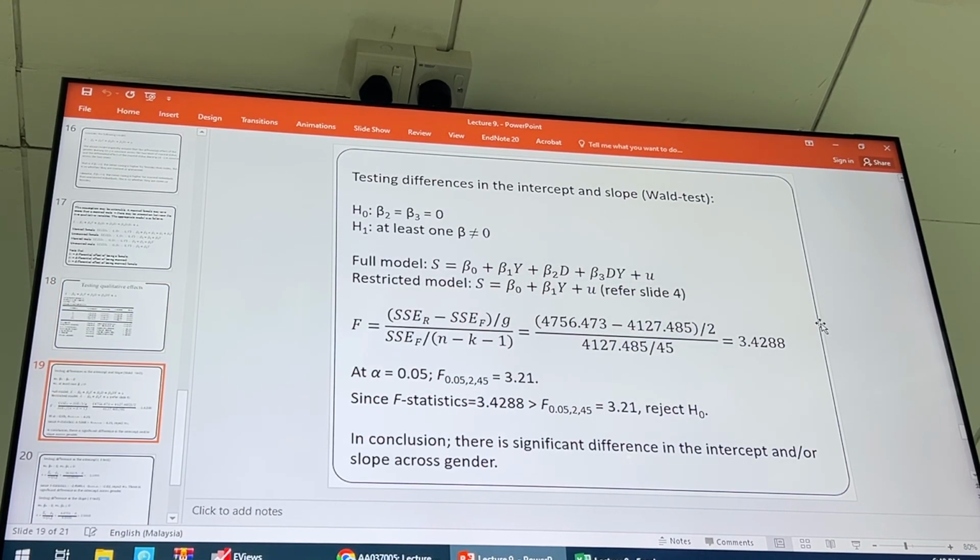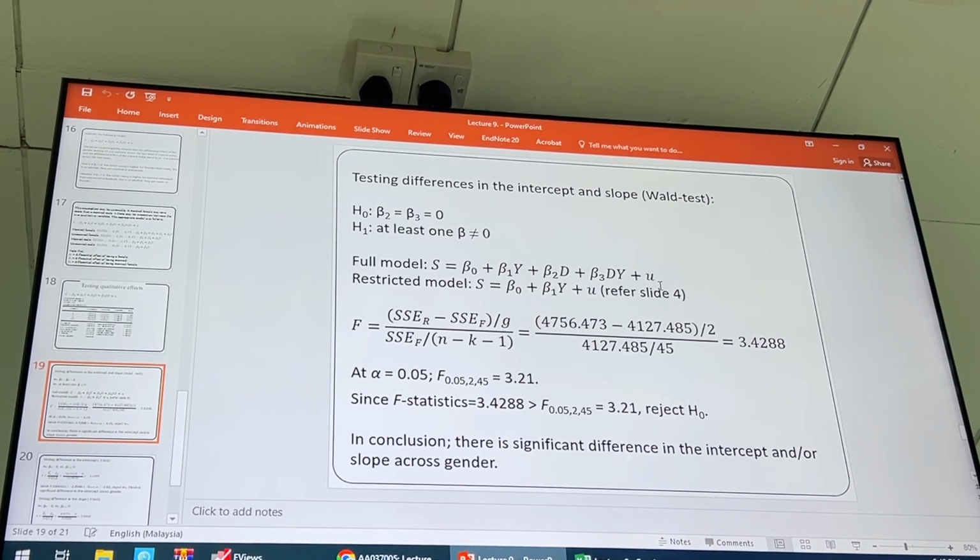So now to perform our testing, although we have the estimate here, we need to test in order to say, from the statistical point of view, whether it is safe for us to say there is a significant difference or not.